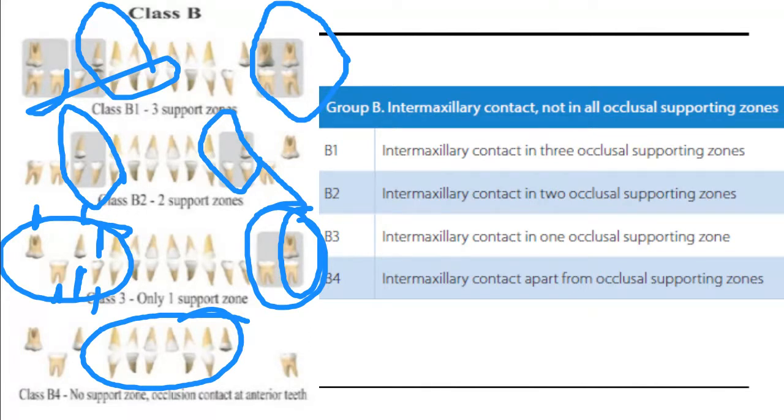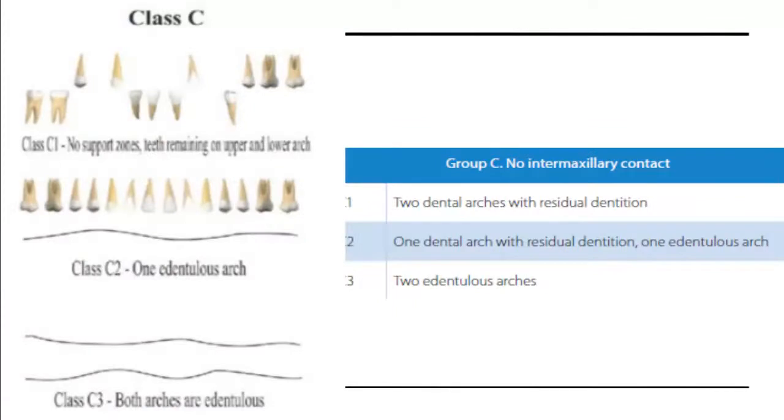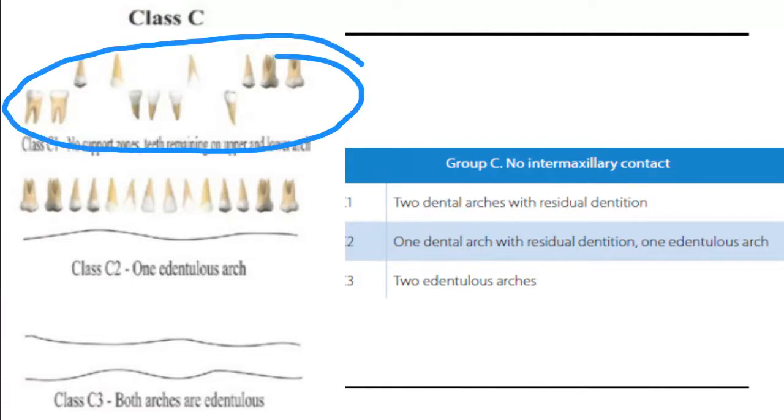Now coming to class C. What happens in class C? In class C1, we have two dental arches with residual dentition. If you observe here, the teeth are there in the patient's mouth, but they are useless. They are not helping in masticatory function at all.